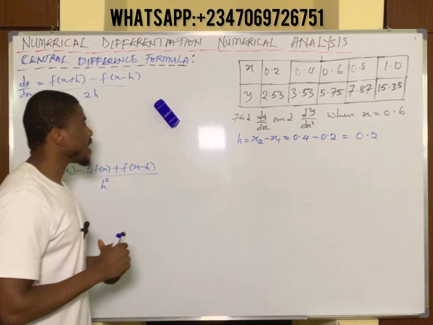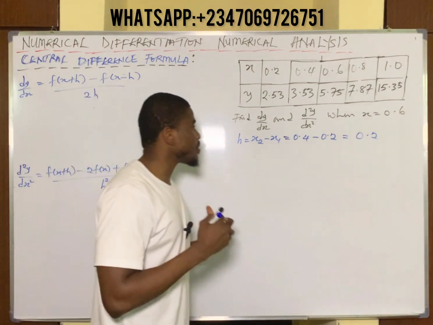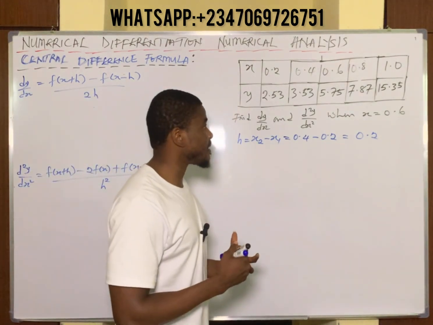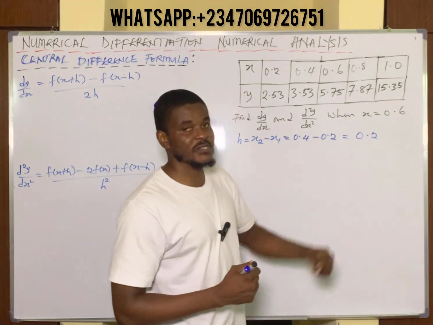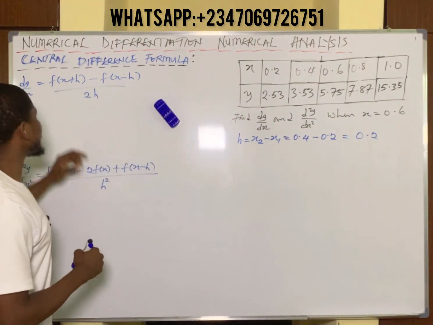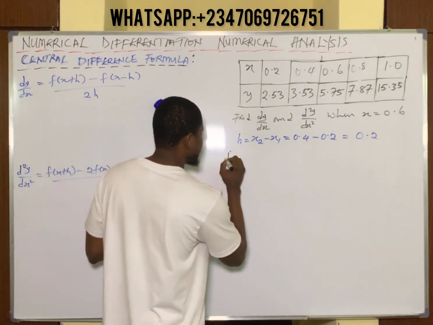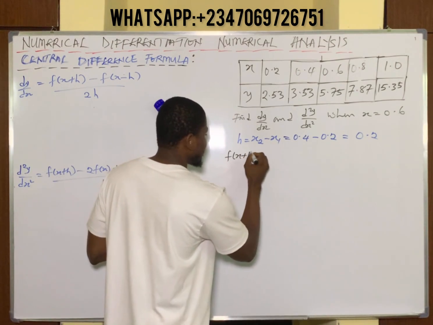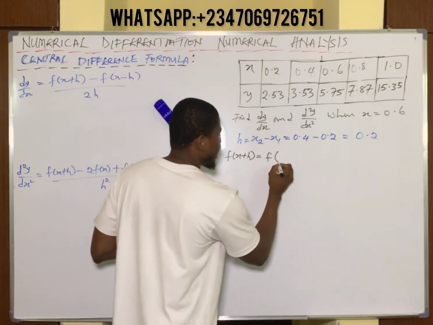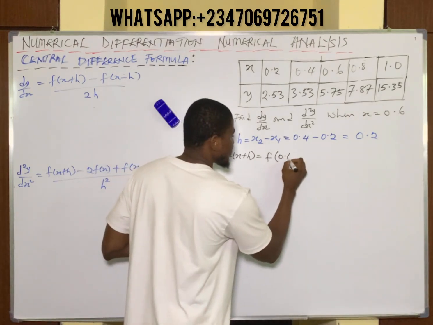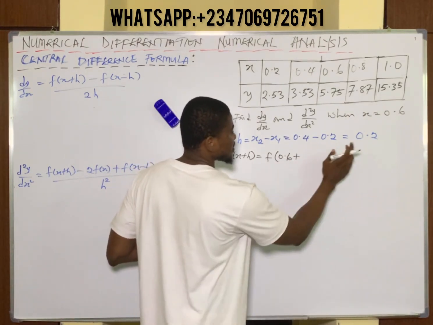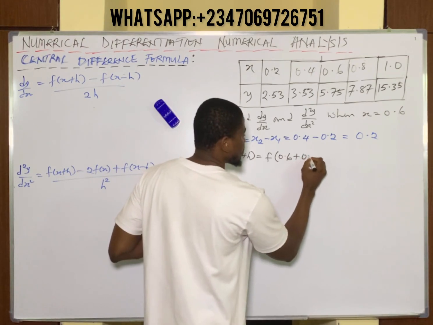Now, meanwhile, x is the point of interest, which is the point we are approximating our derivative about. And in this case, x is 0.6. So from the formula, let us find f of x plus h. F of x plus h simply means f of x, the point of interest, which is 0.6, plus h, the step size obtained now, which is 0.2.